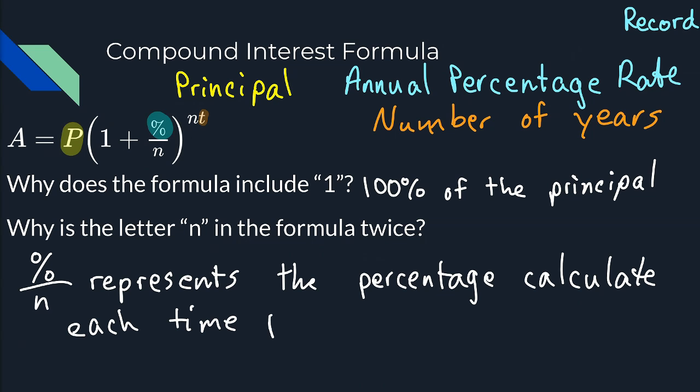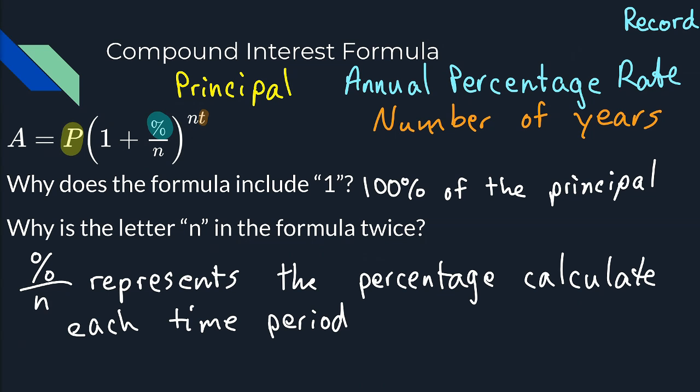And that can be a month, could be a day, could be a minute, could be anything. So the time period is the N. So if we take the year, 365 days, and we divide it by 365 here, then our time period is days.